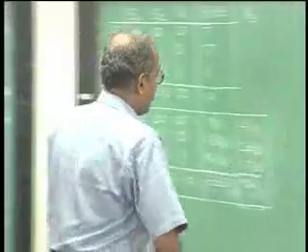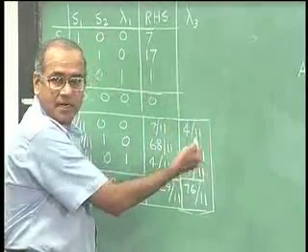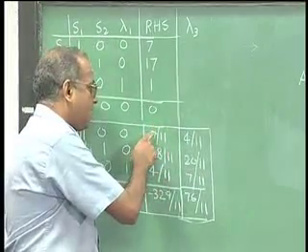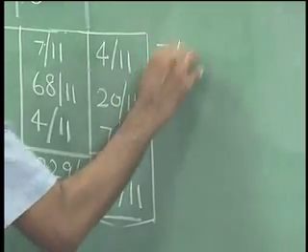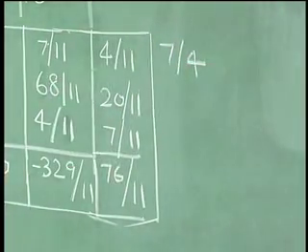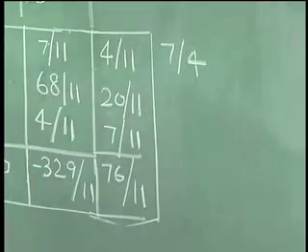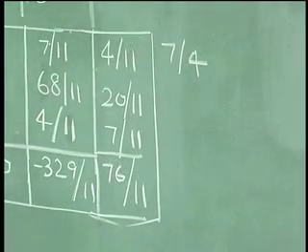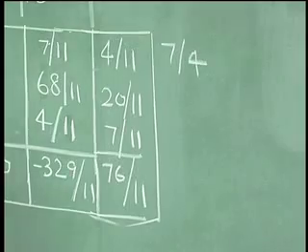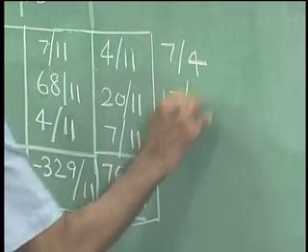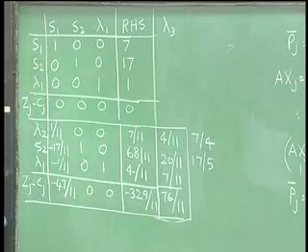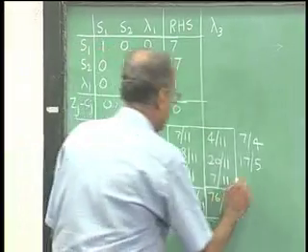So, a minimum theta is right hand side divided by the entering column. So, 7 by 11 divided by 4 by 11 is 7 by 4, 68 by 11 divided by 20 by 11 is 68 by 20, which is 34 by 10, which is 17 by 5, and this is 4 by 7.